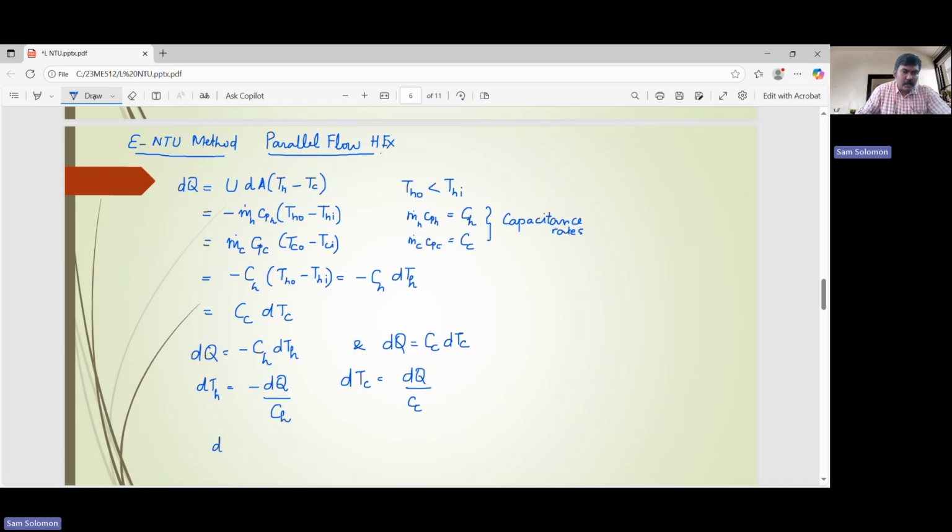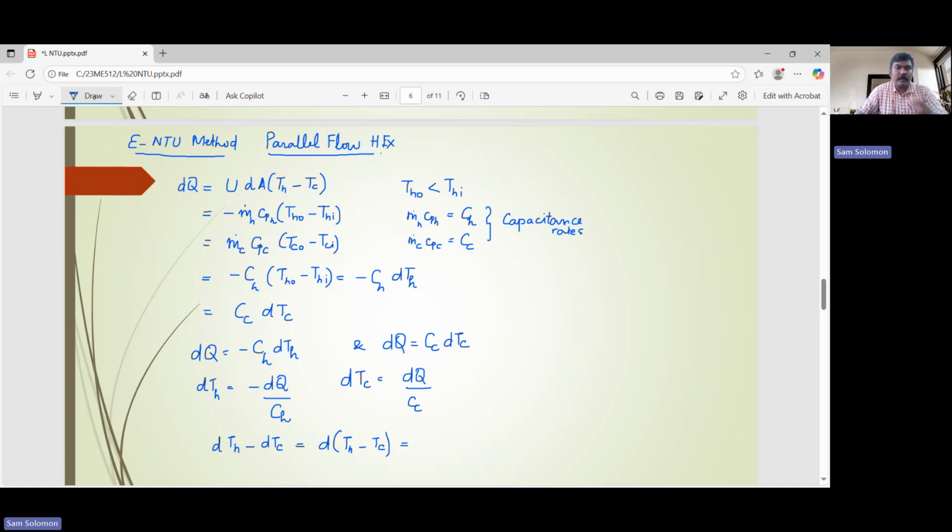So dTH minus dTC, I can also write as the differential of (TH minus TC) together, because it doesn't violate any mathematical rule, since d of (TH minus TC) gives you dTH minus dTC.